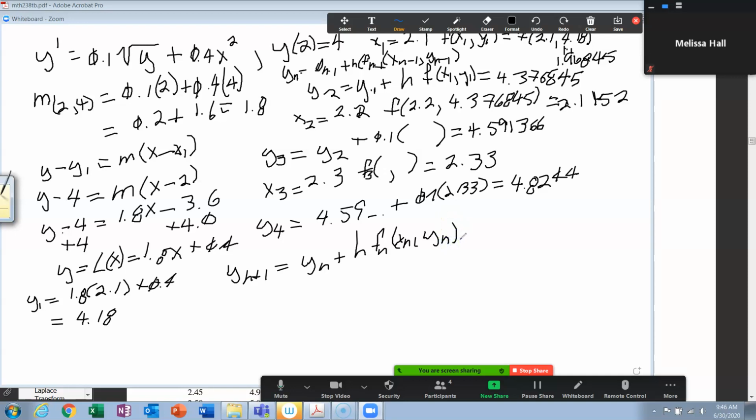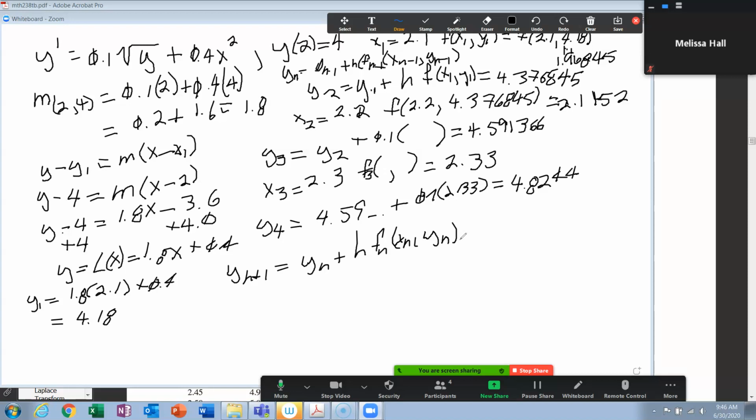Okay, there's your regression formula. So every time, what you did the last time gave you your y sub n plus 1. To get your new x sub n plus 1, just add point whatever your h to it. And then to get the f of n plus 1, you plug in that x sub n plus 1 and y sub n plus 1 and calculate that, multiply it by h, and then add it to the previous y.